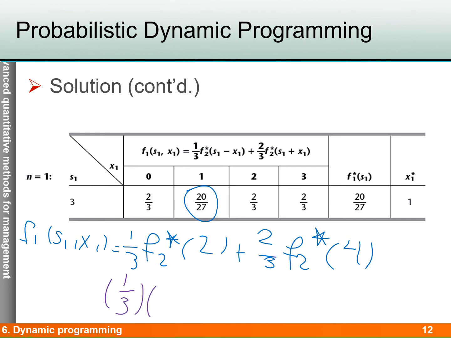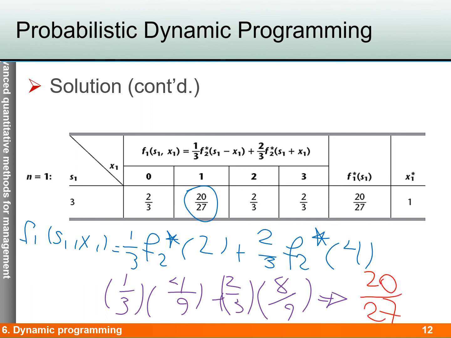If I check in my previous table, it is 4 divided by 9 plus 2/3 multiplied by F2 star of 4, that is 8 divided by 9. So this total gives me 20 divided by 27. The other parts can be calculated easily as well.